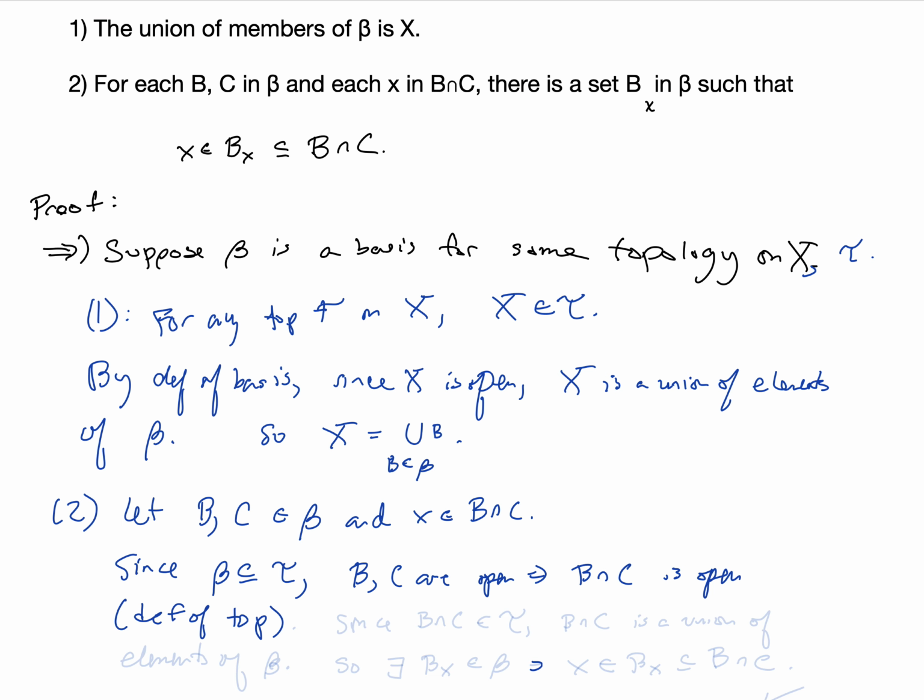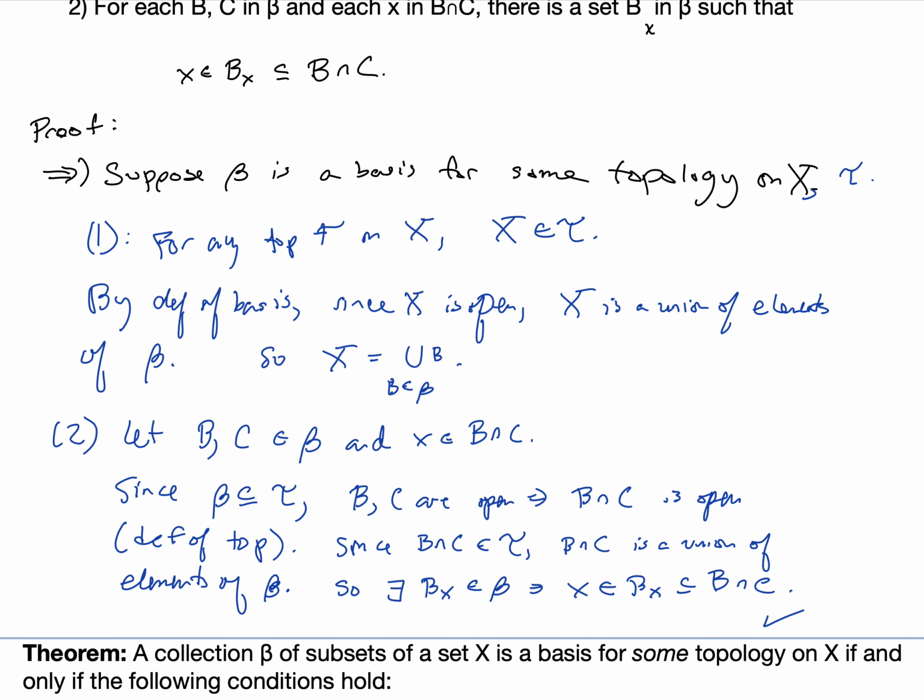And so then, since B intersect C is an element of tau, by definition of basis, B intersect C is a union of elements of beta, and so there is some B_x in beta such that x is an element of B_x, which is a subset of this open set B intersected with C, and so we have shown 2 is true.